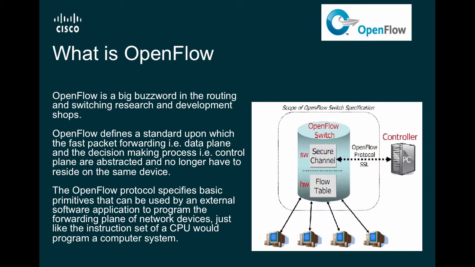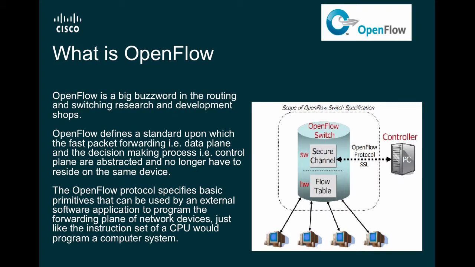In order to appreciate the concept of OpenFlow, we need to first understand how routers and switches operate. Typically, the fast forwarding path, which is the data plane, and the high-level routing decision, that is the control plane, occur on the same device in any networking platform.